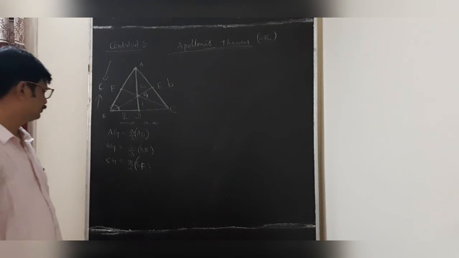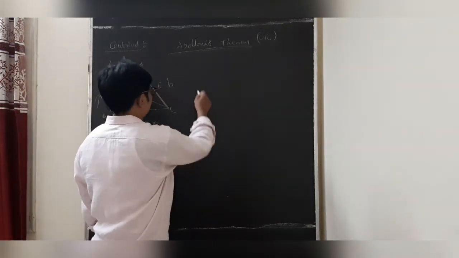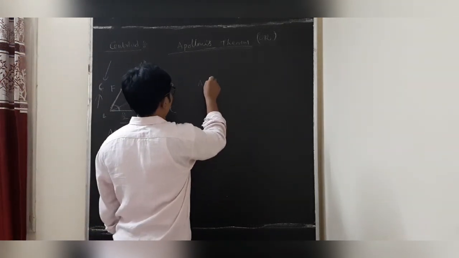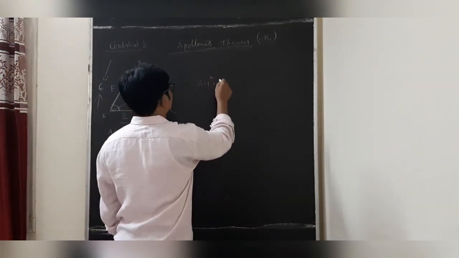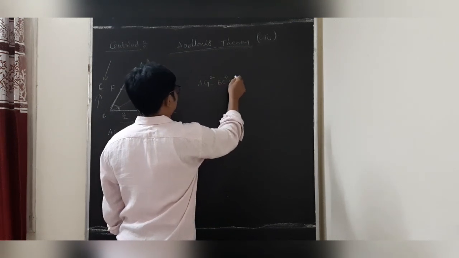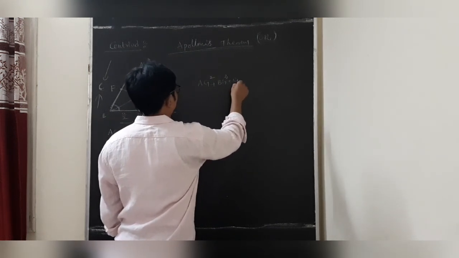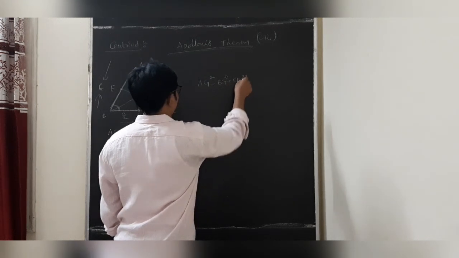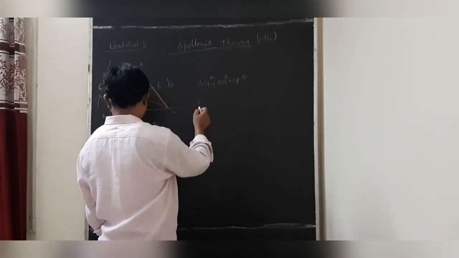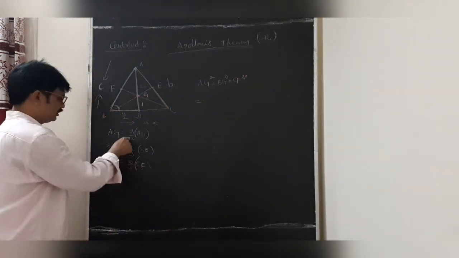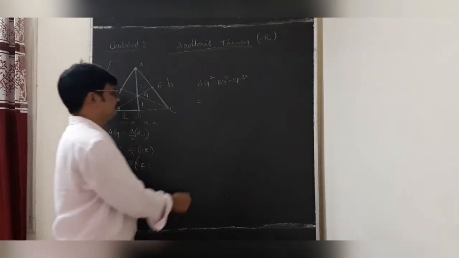Now students, suppose we take AG square plus BG square and CF square. That is what, students? 4 by 9, the sum of the squares. 4 by 9 is the common.